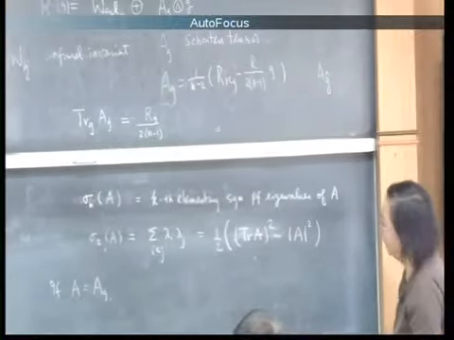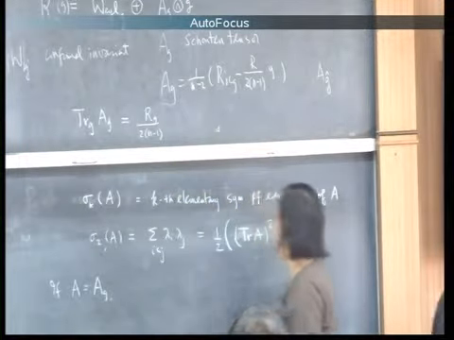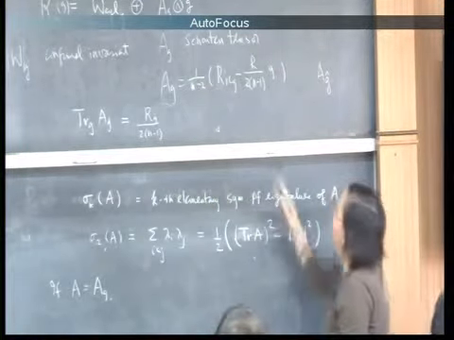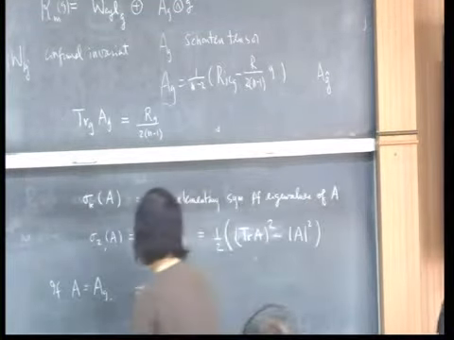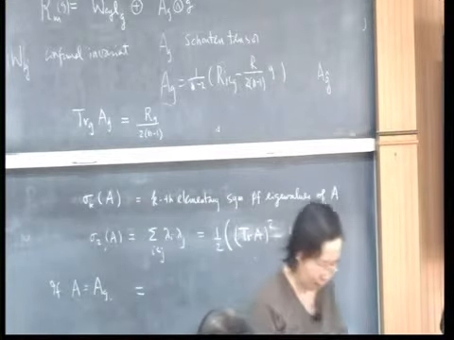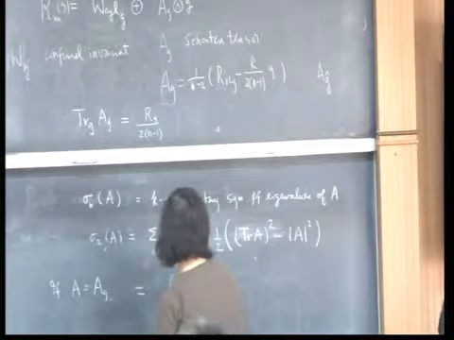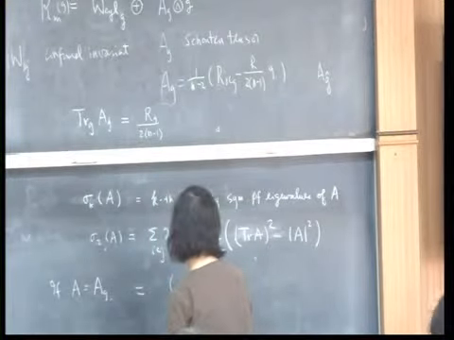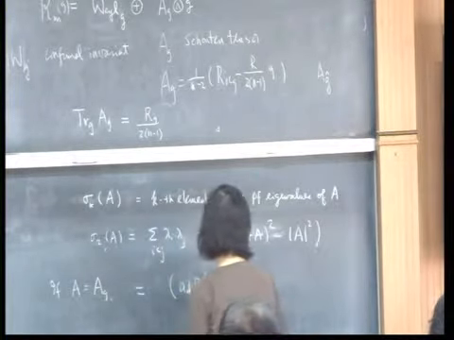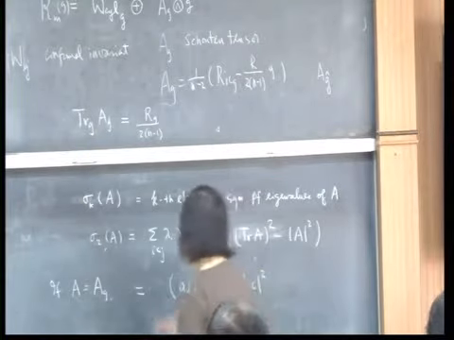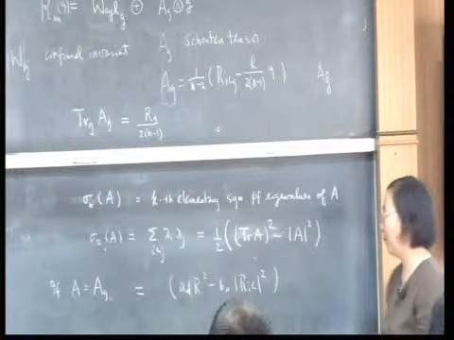Then the trace of A is already the scalar curvature, and the norm of A is the Ricci squared. So this is equal to some constant, which I will not write down. It turns out to be equal to a_n R squared minus b_n times the Ricci norm squared. One does the computation of the trace of A and gets this.